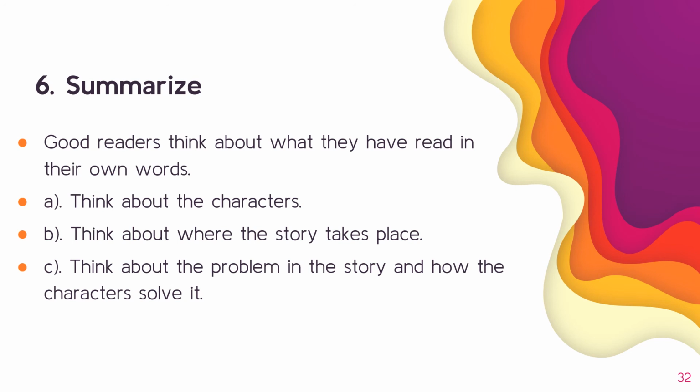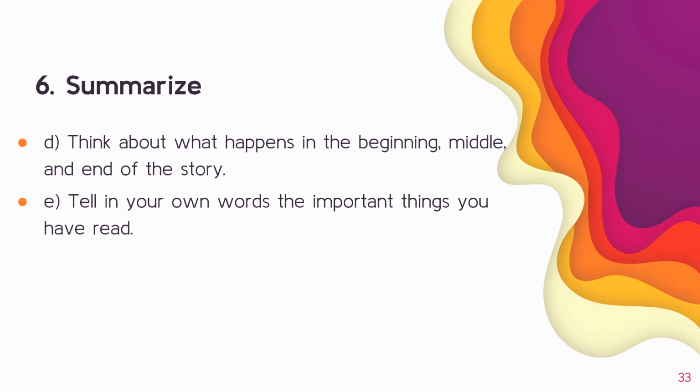Think about the problem in the story and how the characters solve it. You can think about the climax of the story also. Think about what happens in the beginning, middle, and end of the story. Using your own words, tell the important things that you have read. So this is the final process.